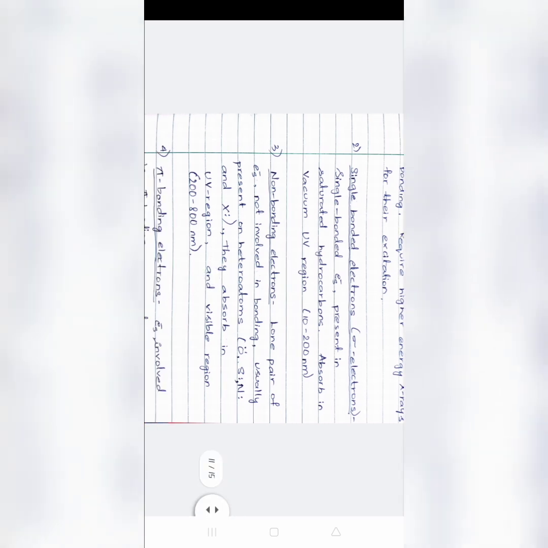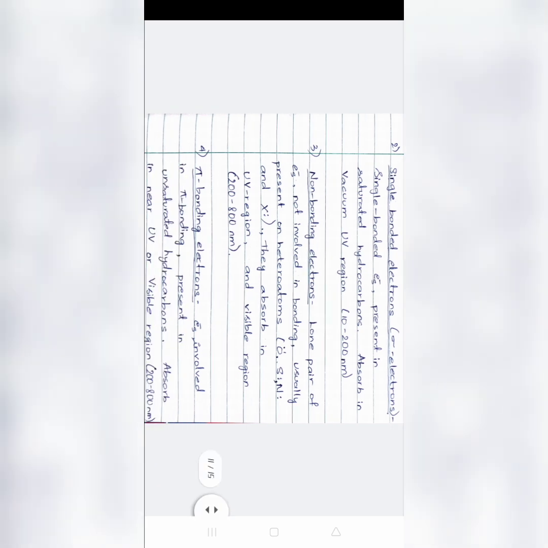Non-bonding electrons. These electrons do not participate in any bond formation. They are present as lone pairs, and they are usually present in heteroatoms like oxygen, sulfur, nitrogen and halogens. They absorb electromagnetic radiation in the UV region, having wavelength 200 to 800 nanometer.